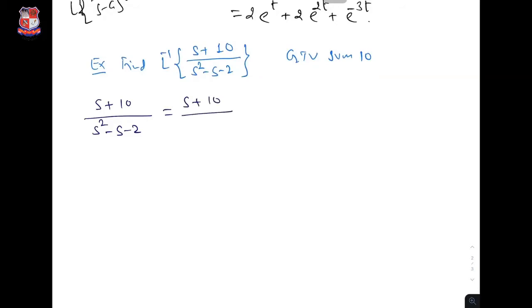We can factorize the denominator: the factorization is minus 2, 2 ones are 2, minus and plus.